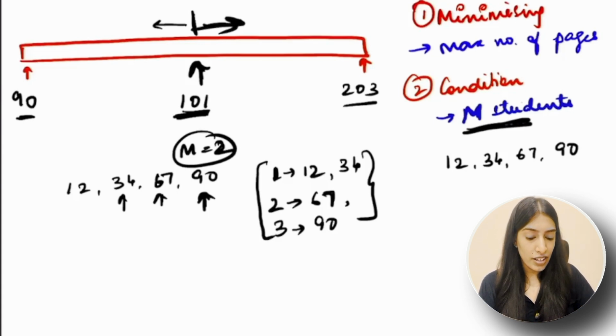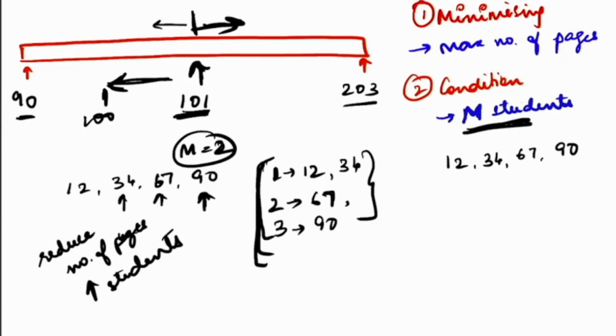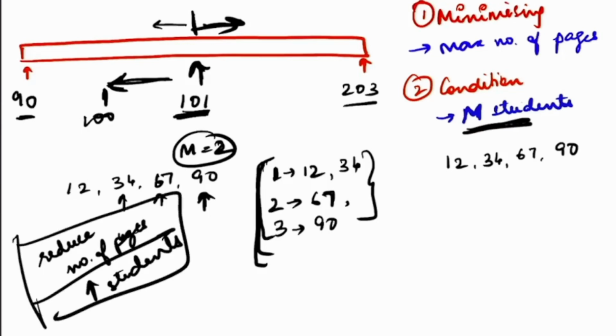Because if we assign a smaller value, say 100, we will end up needing more students. So as we reduce the number of pages, we are going to end up increasing the number of students. And that is the whole concept of this question.